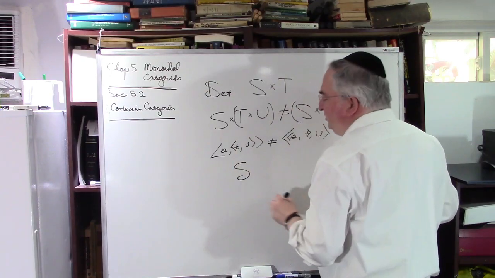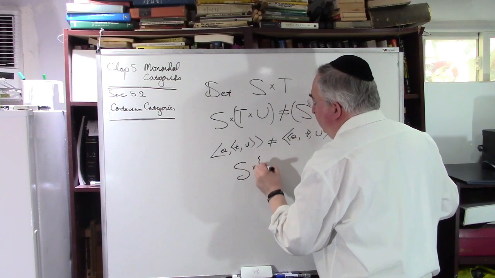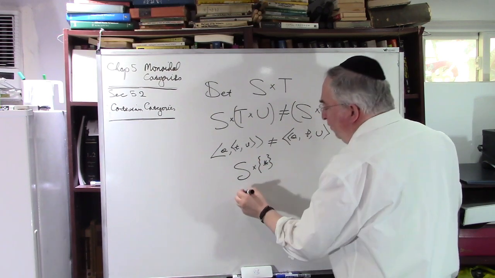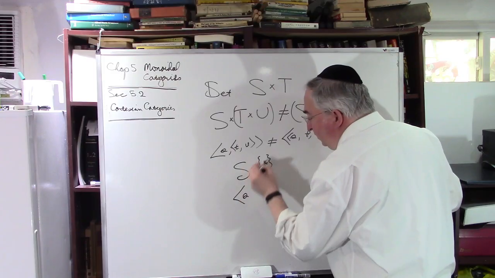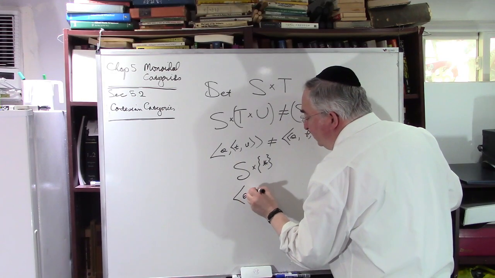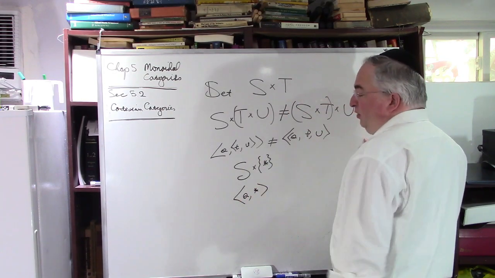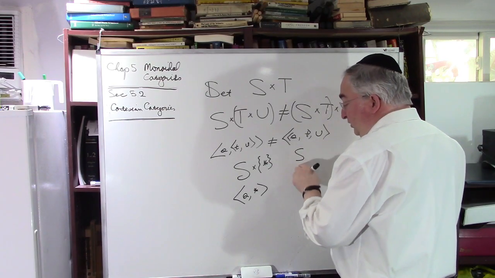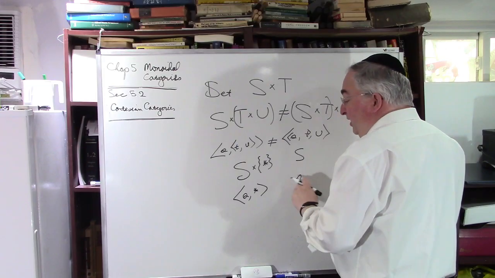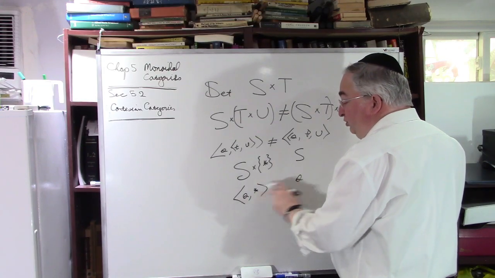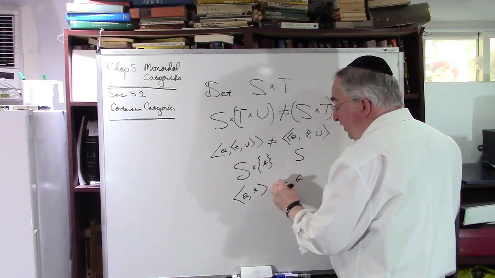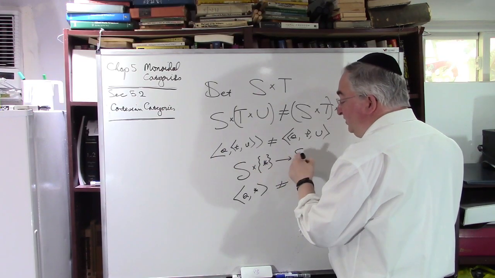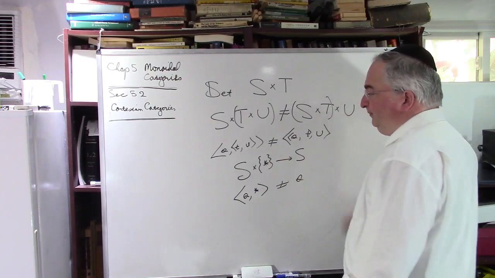Take the set S and multiply it with the one-object set. A typical element in this is such an ordered pair, as opposed to this, where a typical element is just s. Again, these two things are not equal. There's an isomorphism from this set to this set, but they're not equal.